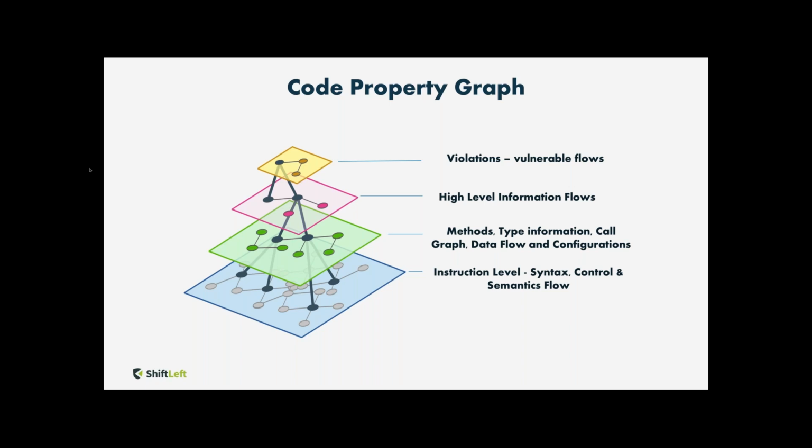The CPG, or code property graph, creates a multi-layered three-dimensional representation of the code's call graph, which encompasses data flow and configuration, which in its entirety provides unprecedented insights that enable code developers and analysts to fundamentally understand the application security posture.